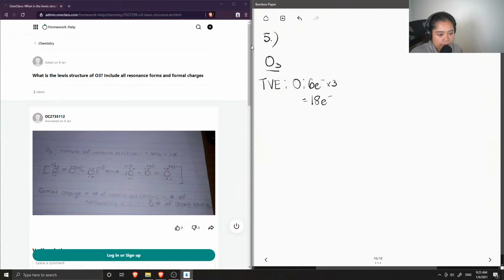So the easiest way is to draw them all in a line. And so each bond contains 2 shared electrons. So I've drawn only 4 so far. So now let's try to fill in all of the lone pairs.